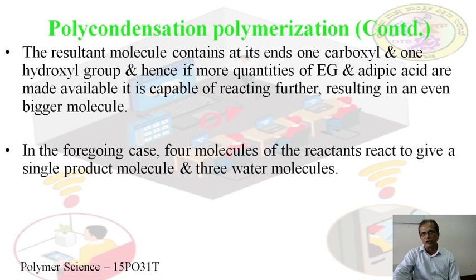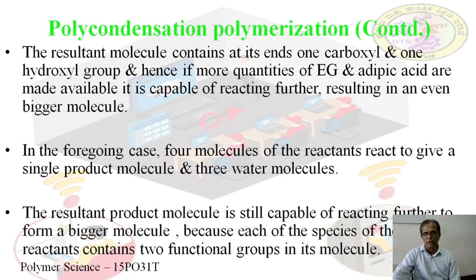If you add 4 molecules of the reactants to react, a single product is going to form with 3 molecules of water, and the product which is going to form also has 2 more functional groups at its ends. It has the tendency to react further in the presence of ethylene glycol and adipic acid.